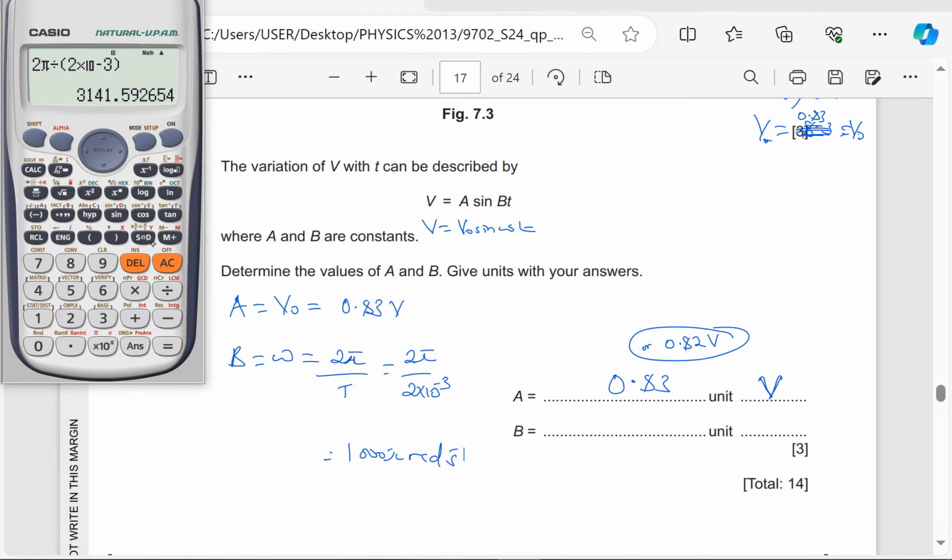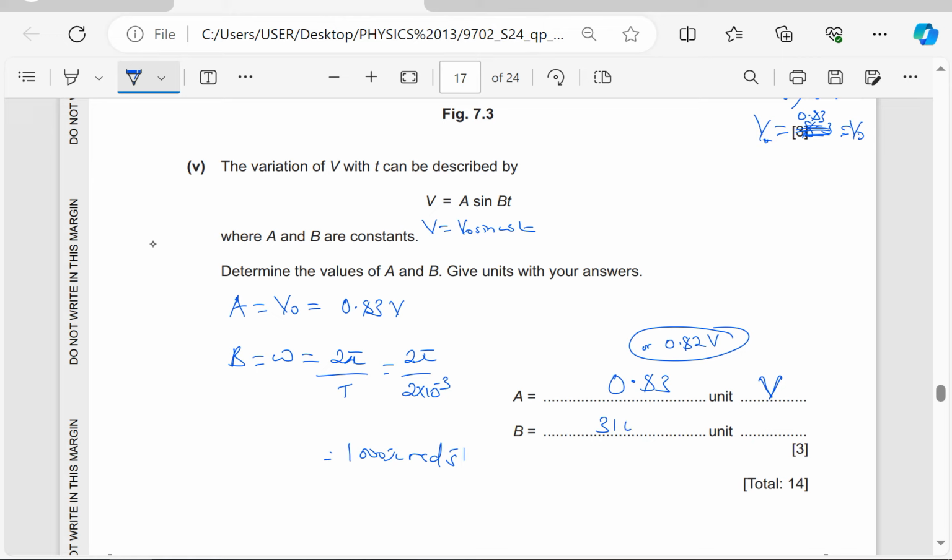Or I can write this as 3,100. The units are going to be radians per second, or I'll write 1000 pi radians per second. Okay.